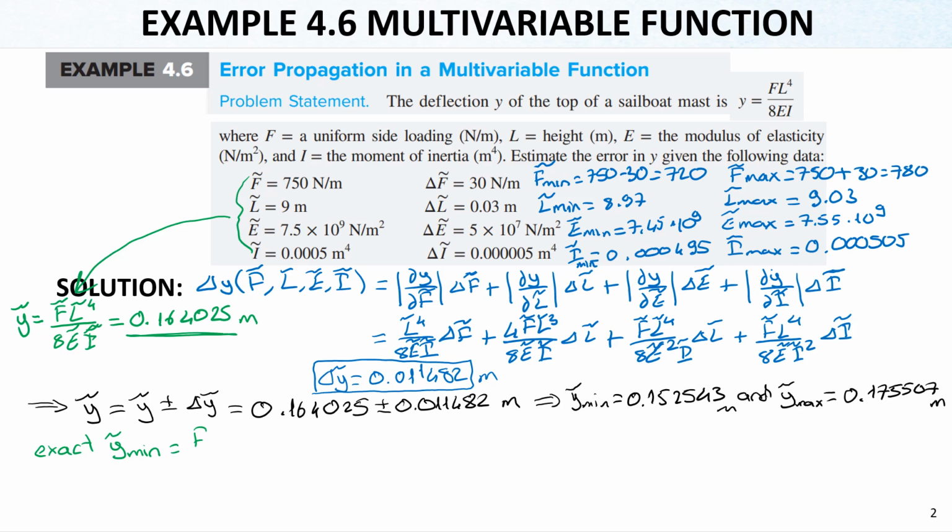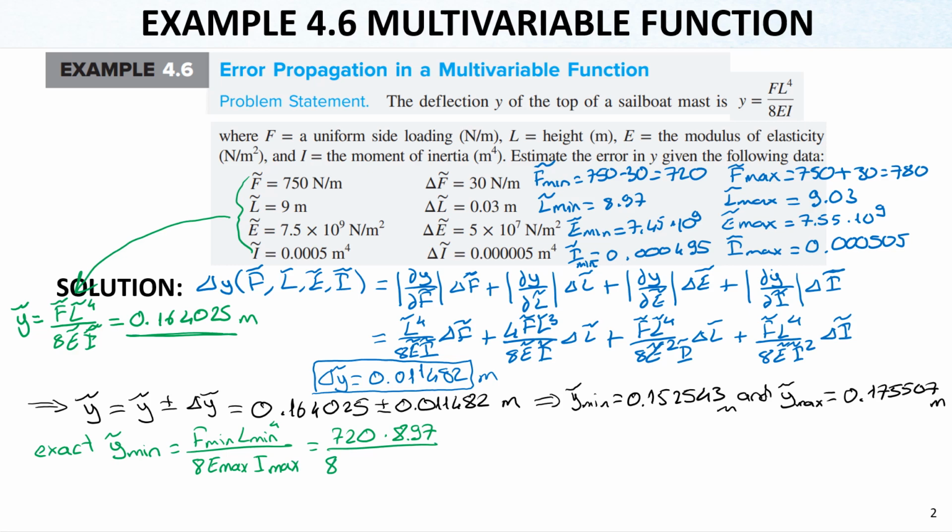F min and L min to the power 4, divided by, so at the denominator at the bottom, because we will make this minimum, we will use maximum values, E max and I max, so that we can have the minimum y value. So these are 720 times L min, which is 8.97. We calculated them at the top right side.